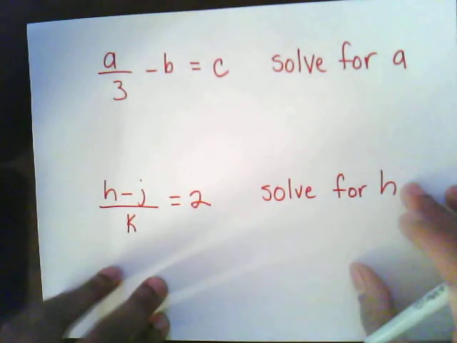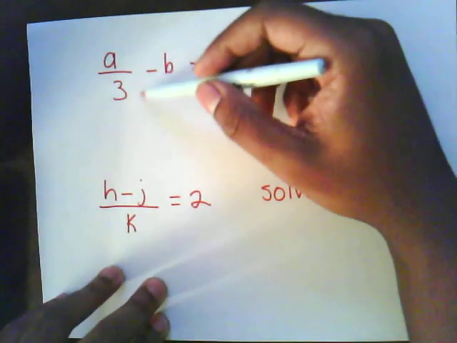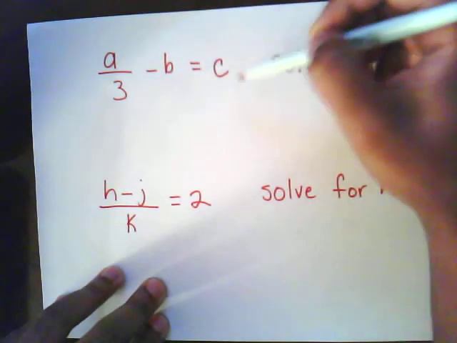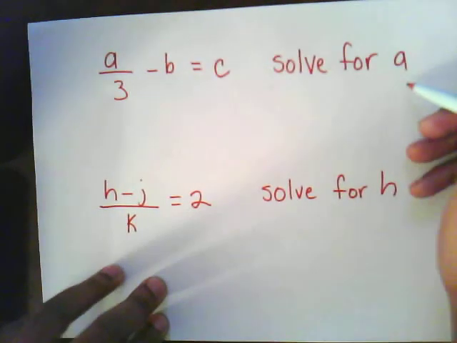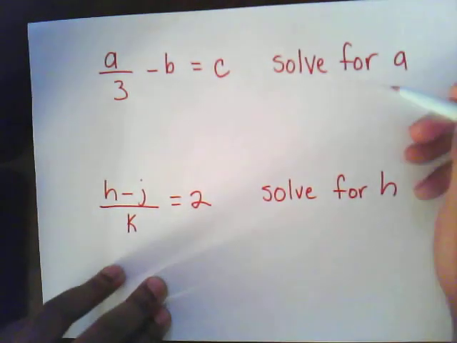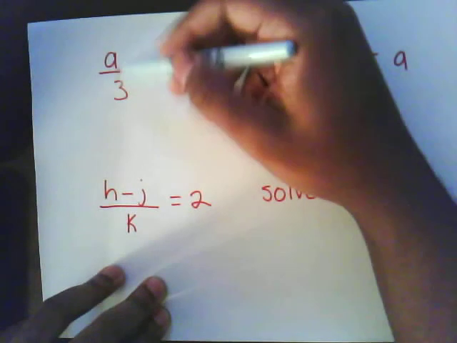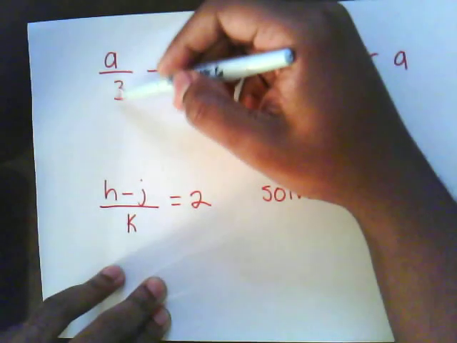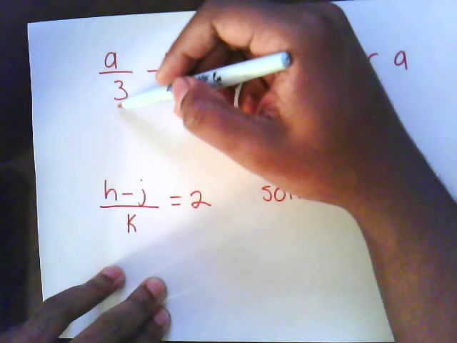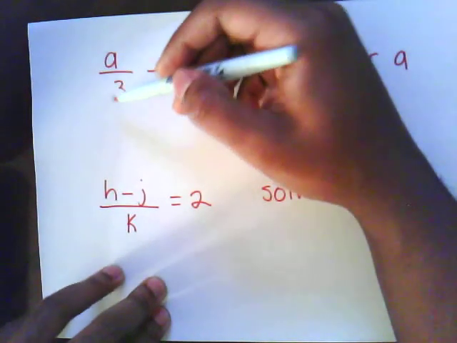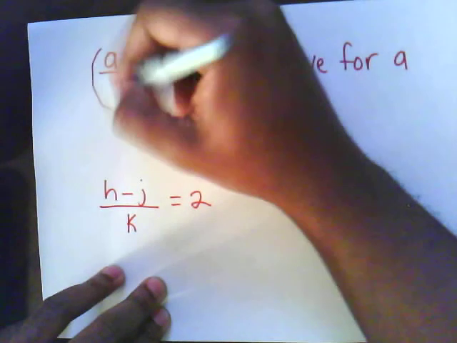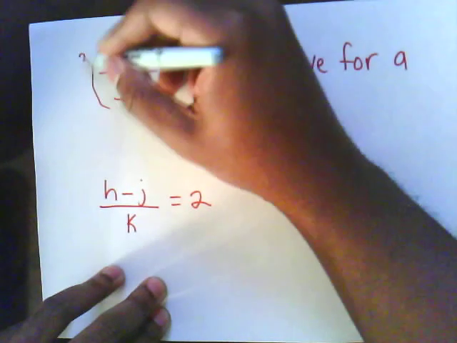Okay, a divided by 3 minus b equals c, and we're going to solve for a. Now, by rule, when you see these type of fractions, you multiply by the denominator. You multiply everything by the denominator. In this case, our denominator is 3. So we're going to multiply a over 3 times 3.